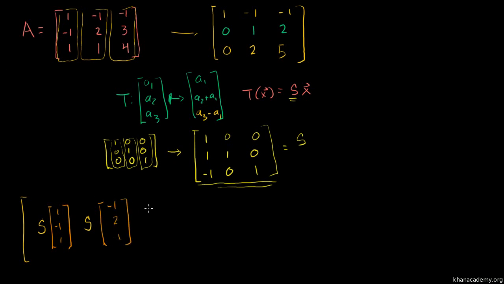And then the third column is going to be S times this third column vector, minus 1, 3, 4. This product, we now know we're applying this transformation. This is S times each of these column vectors. That is the matrix representation of this transformation.